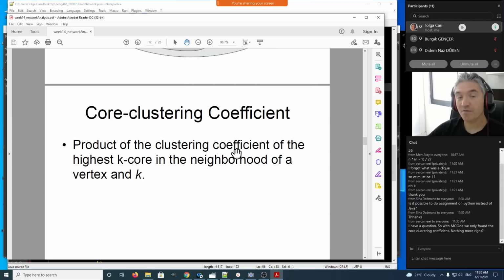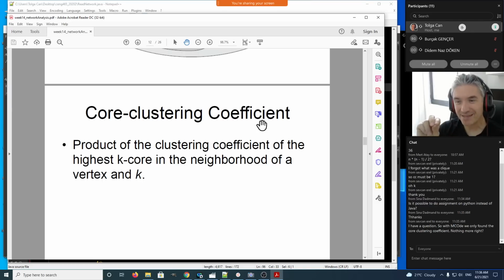What we will do is sort these vertices in descending order based on their core clustering coefficients, okay? And we will start with the highest core clustering coefficient vertex. And we will look at its neighbors, asking whether they also have a core clustering coefficient within a certain percentage of this highest one. If so, it means that it also thinks that it's in a high dense neighborhood. We will insert it into its community.